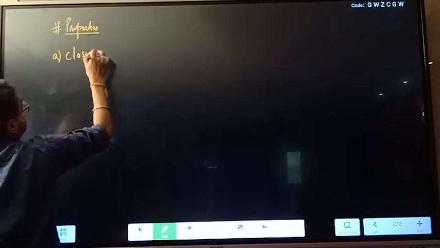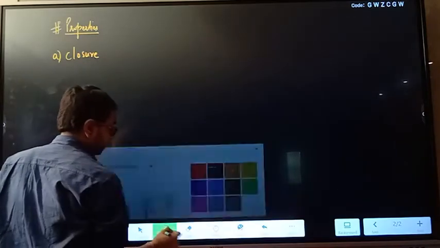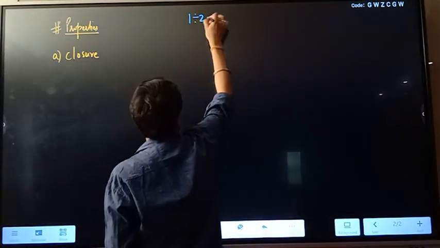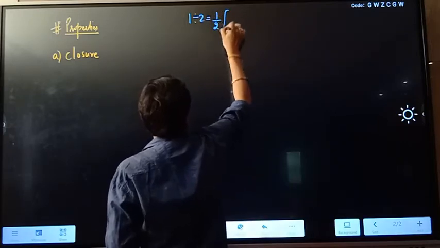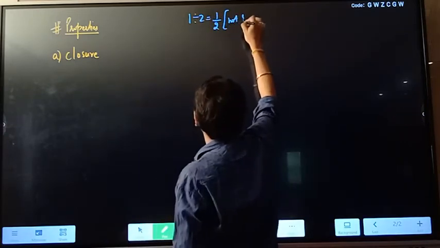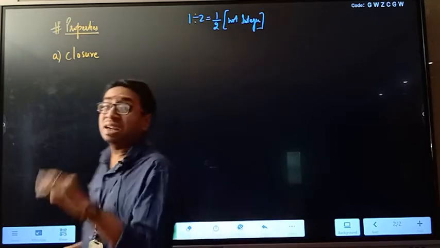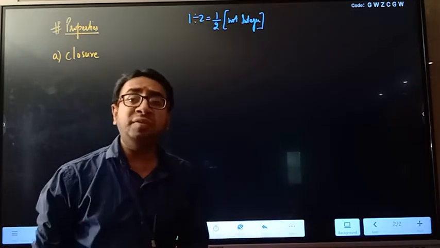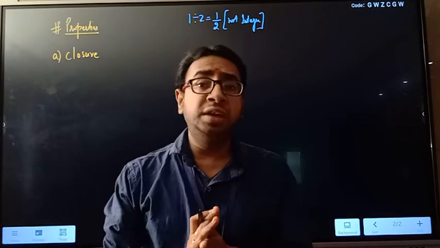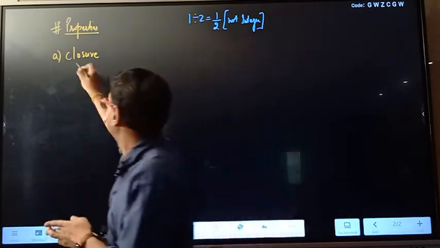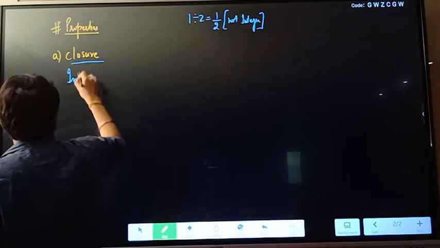I was discussing, for example, 1 divided by 2, the answer is 1 by 2, and 1 by 2 is not an integer. Of course it is not an integer. Hence it is not compulsory that whenever we divide any two integers, the result is always an integer. So it is very, very important to know that integers are not closed under division.